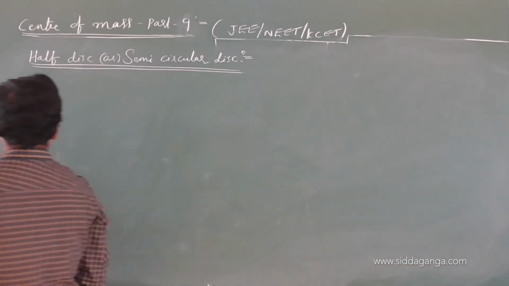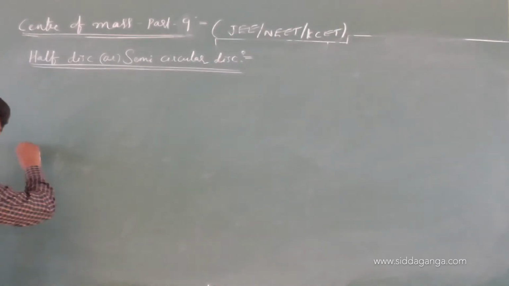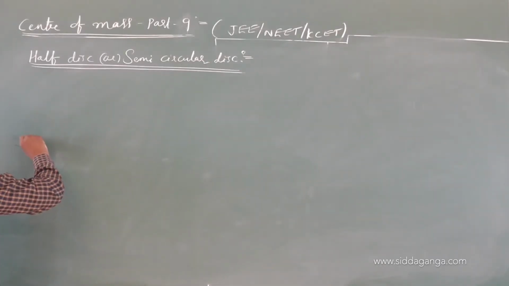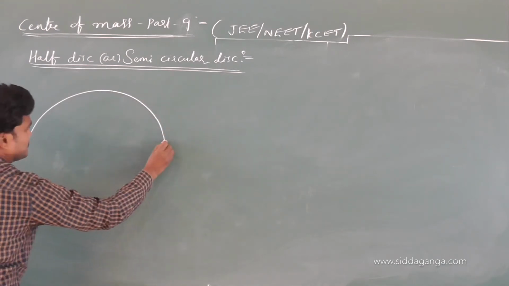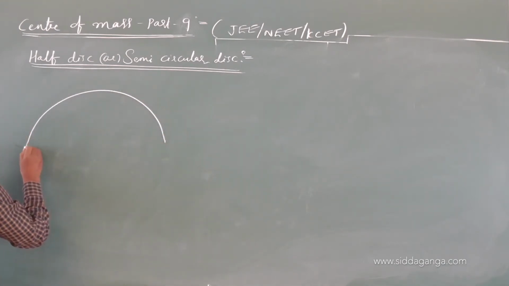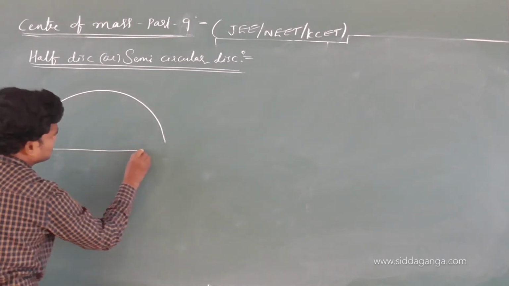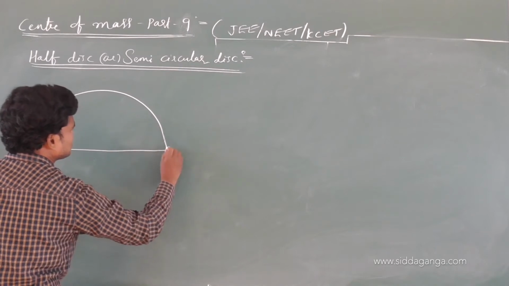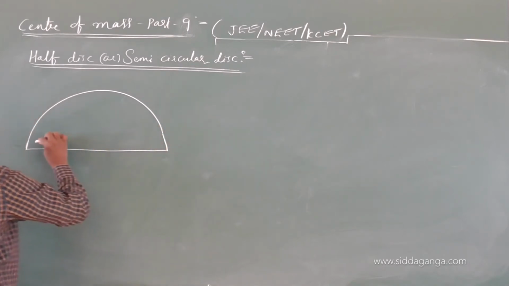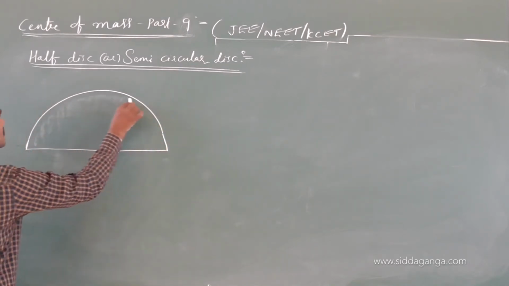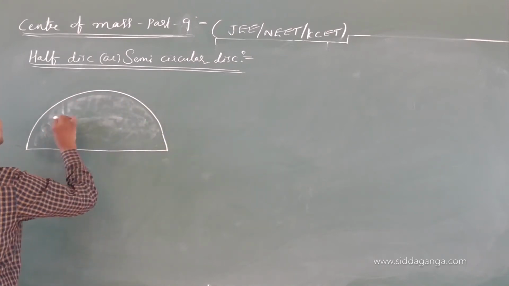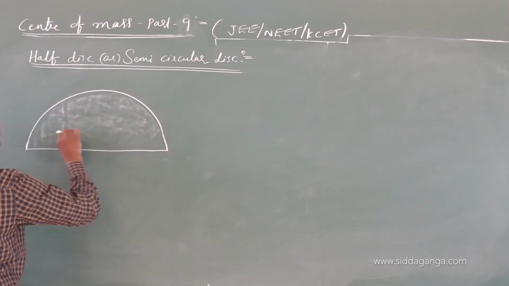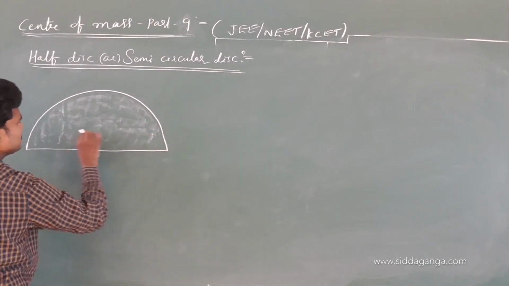See, this is the semicircular disc, whose radius is r and whose mass is m. Okay, there is no length, sorry.